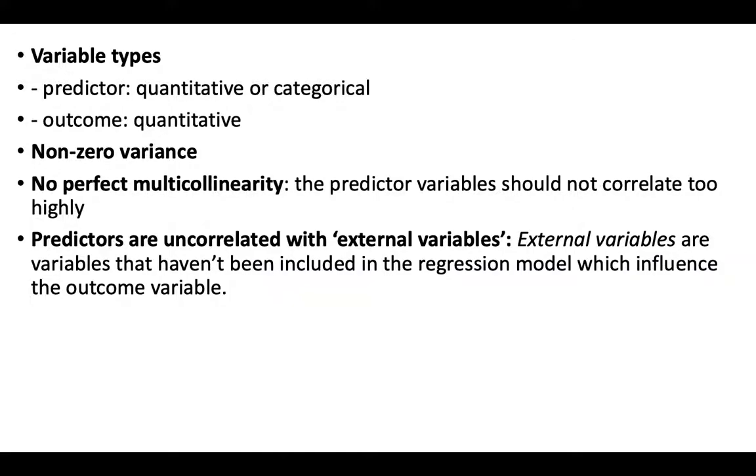Predictors are uncorrelated with external variables. What are external variables? External variables are variables that haven't been included in the regression model, which influence the outcome variable. So imagine you have 10 variables, you decide to include only 6, and you have your results, and some of them have predicting power, but later you find out that a predictor variable correlates with a variable that was not included in your model.